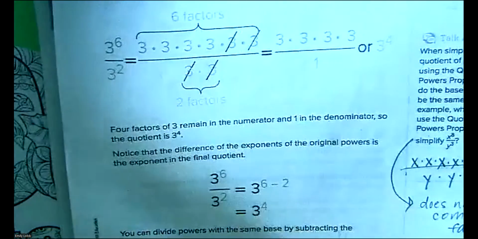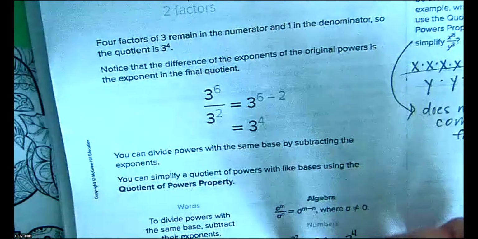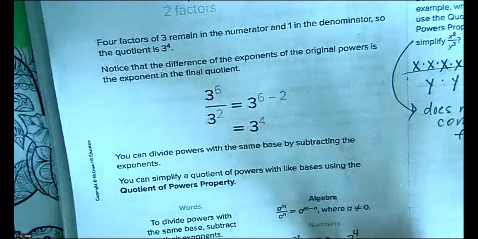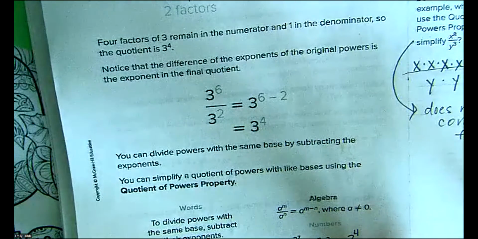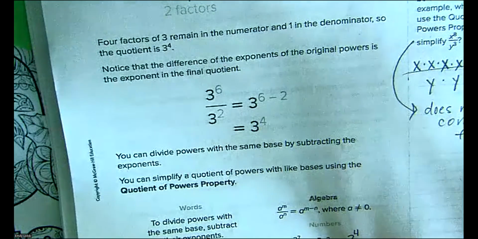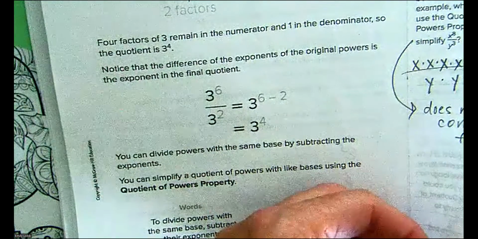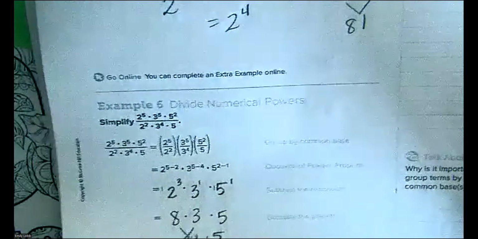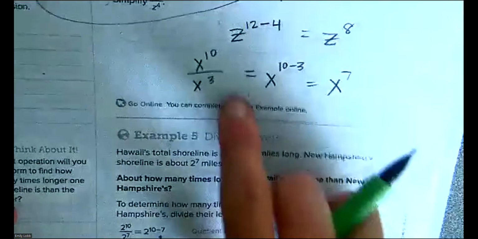Quotient rule. Remember, we were subtracting our exponents. Guys, if you've forgotten any of this or you missed any of this, this packet is very basic. It takes you through all these steps. We did a lot of step-by-step explanation and walking you through this.